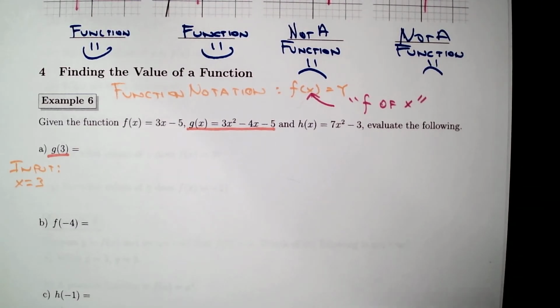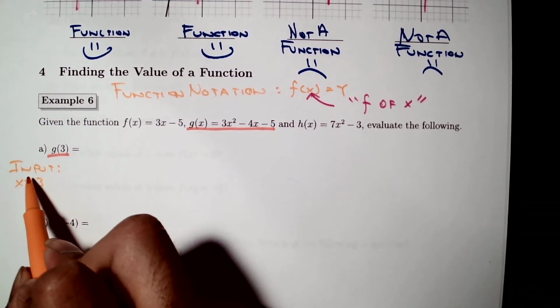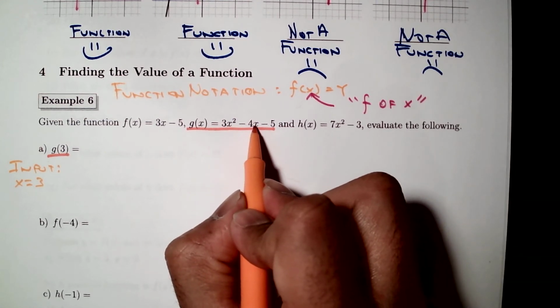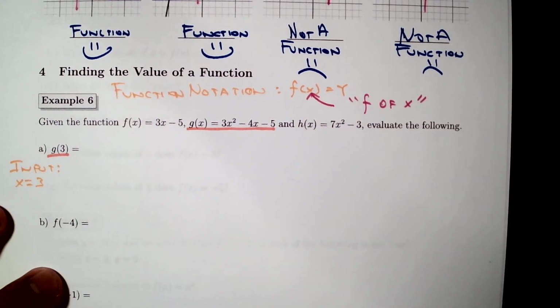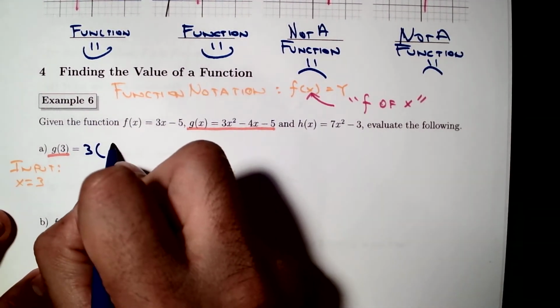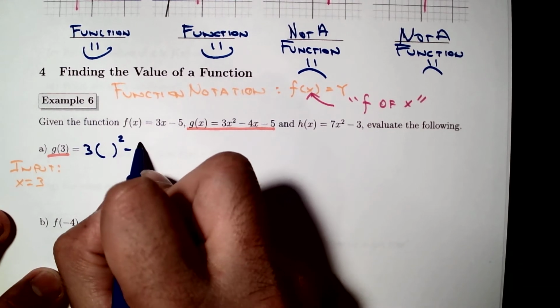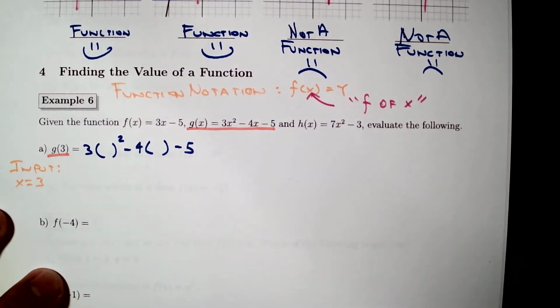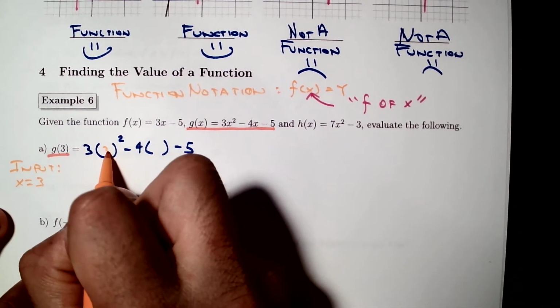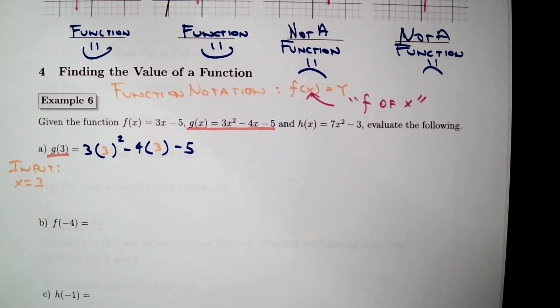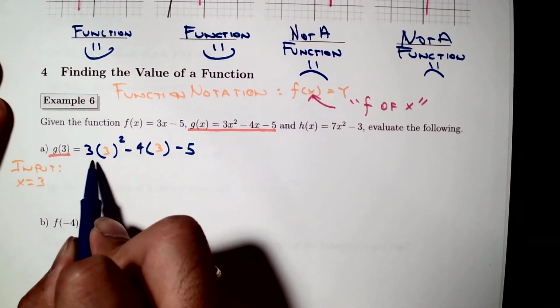That is, all we're going to do is plug in the number 3 wherever you see the letter x, which is going to be here and here. So let's find out what's going to happen. 3 times 3 squared minus 4 times 3 minus 5. Let's plug them in and be careful with the order of operations, especially for the first term.